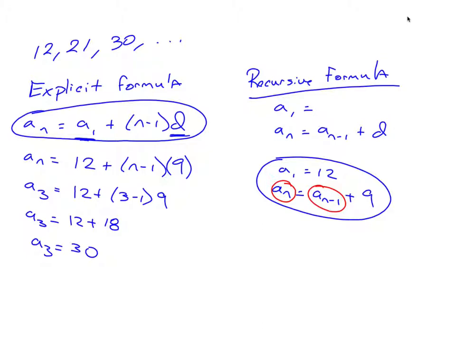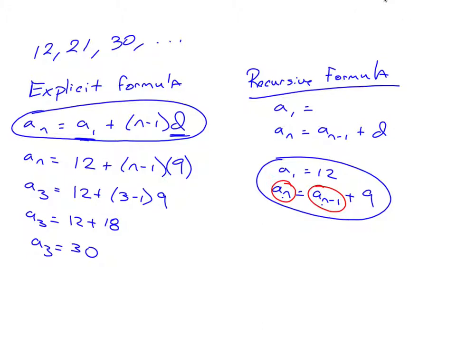So what Natasha's trying to say is a sub n minus 1 represents the term before a sub n. So if this was a sub 4, then a sub n minus 1 would be a sub 3. So if I know the first term, and I'm trying to find a sub 5, what do I have to know? I have to know a sub 4. I do a sub 4 plus 9. That's why I feel like it's useless. But you need to know how to write it down.